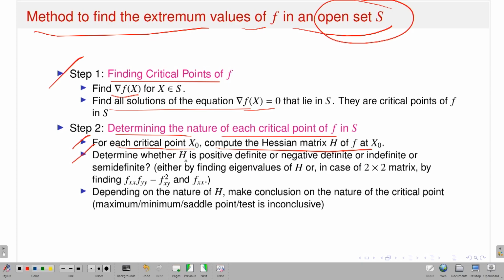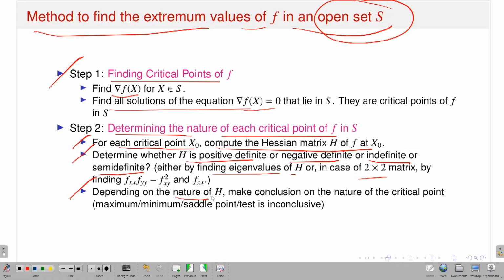Now, determine whether H is positive definite, negative definite, indefinite or semi-definite, by finding the eigenvalues of H. In the case of a 2 cross 2 matrix, it is in terms of the determinant and the 1 1 element. So, I have classified my symmetric matrix for definiteness and non-definiteness in terms of the quadratic form, in terms of the eigenvalues, and in particular for a 2 cross 2 matrix in terms of the determinant and the 1 1 element.